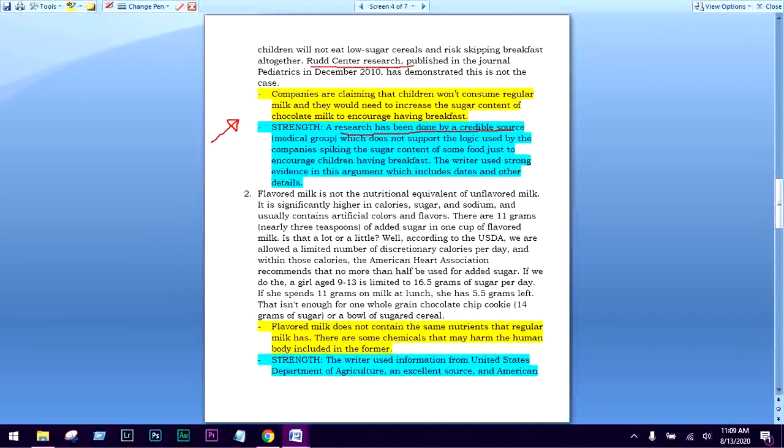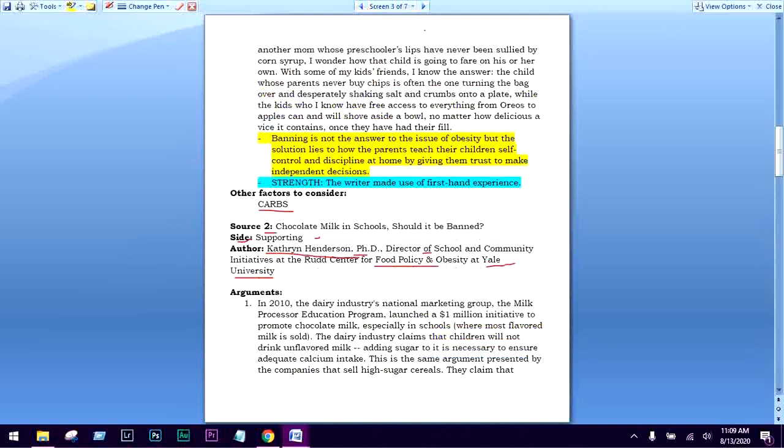Rudd Center research, in a journal, Pediatrics, in December 2010. It's very specific. What else? Another source here she included. Okay.